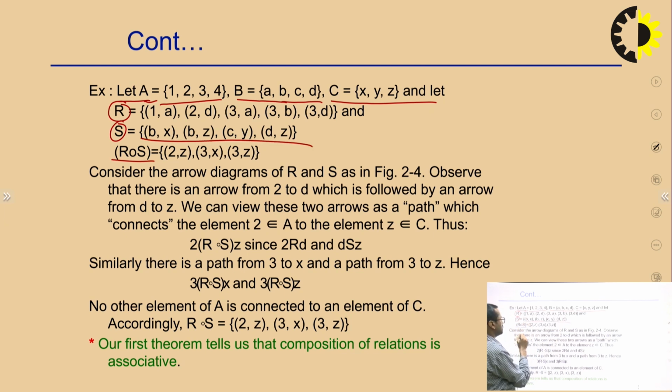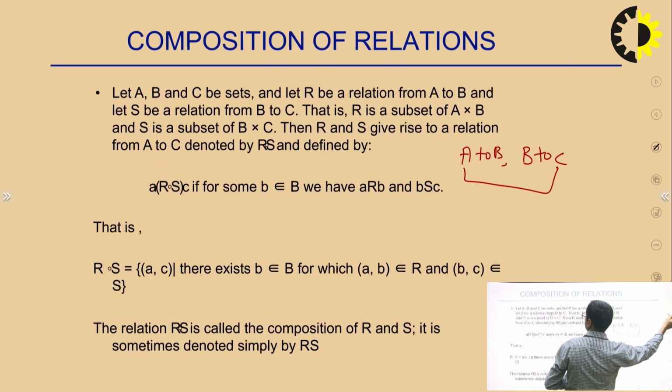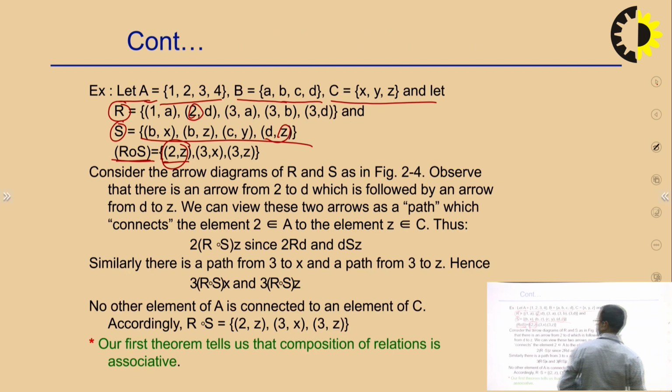For R o S, we have 1a, but there is no a-relation in S. For 2d, there exists dz, so we use 2z for a particular R o S relation. It is called the composition of relations.